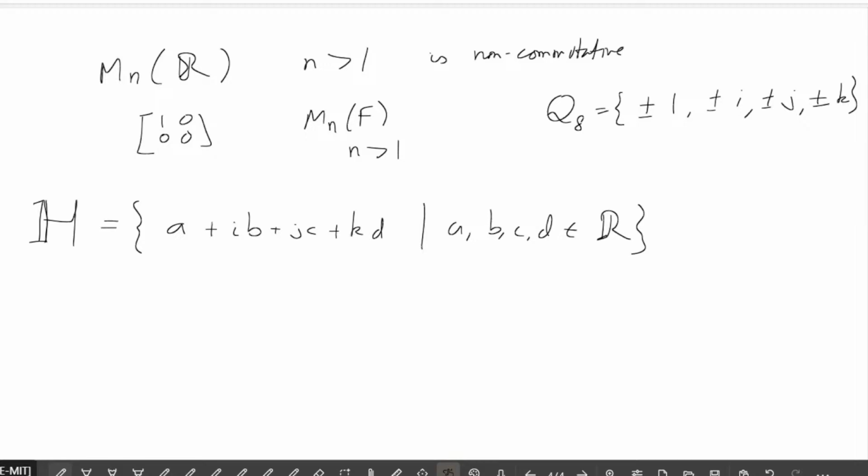So define a linear combination of these things, one, i, j, k, with a, b, c, d real.